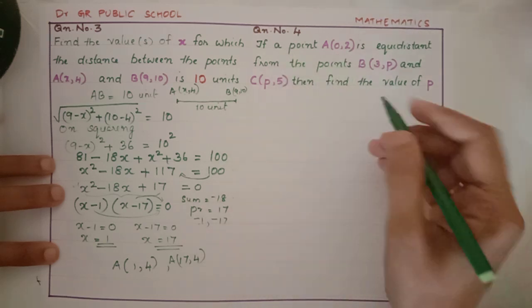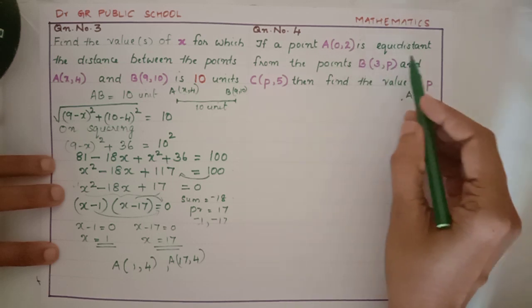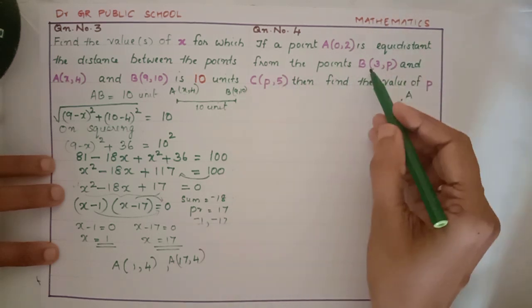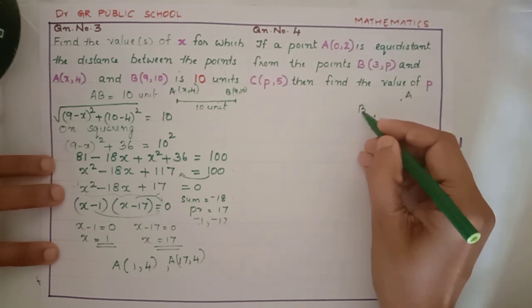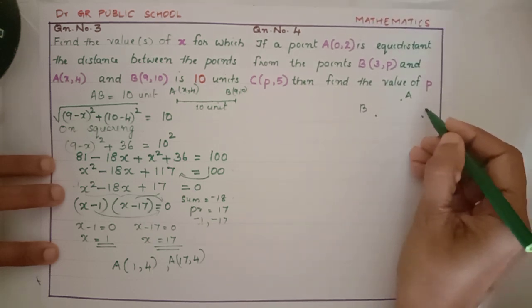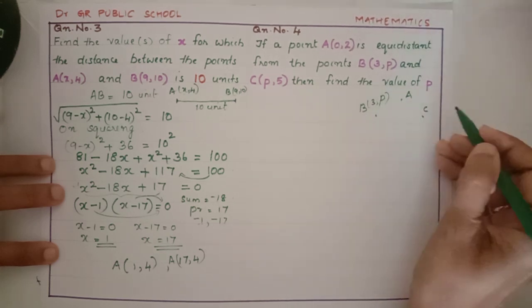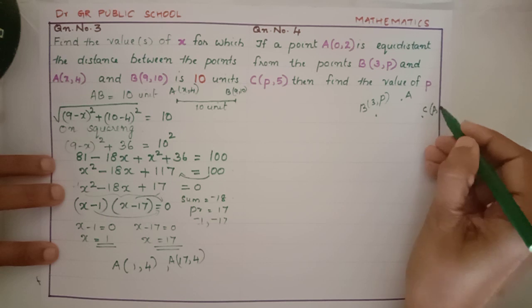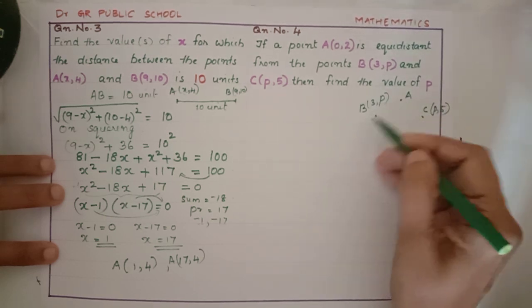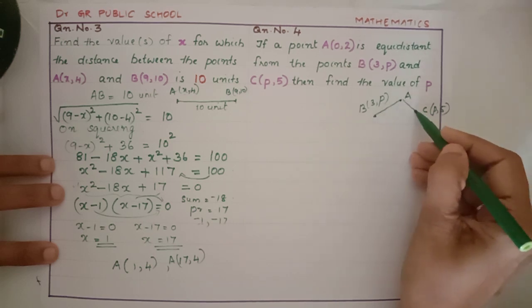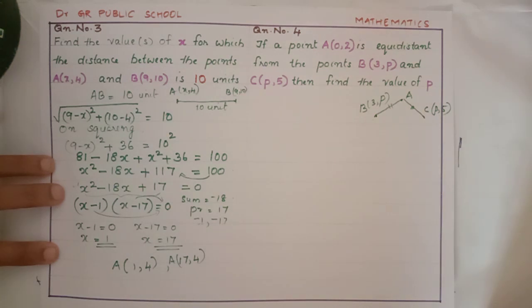There is a point A which is equidistant from B as well as C. So if we are taking B here and C here, what is B? (3, p) and C is (p, 5). These two points are at equal distance from A. That means AB and AC are equal. Okay children.